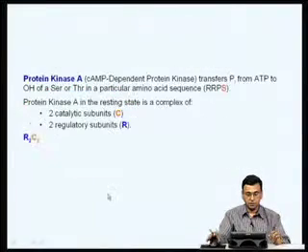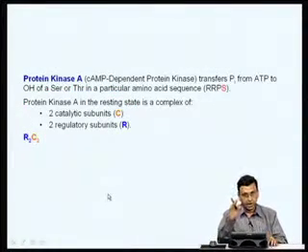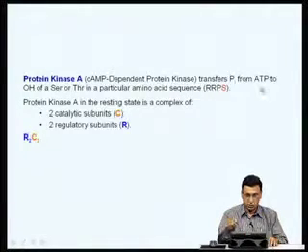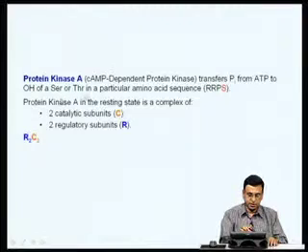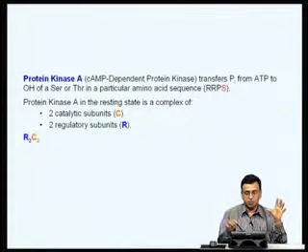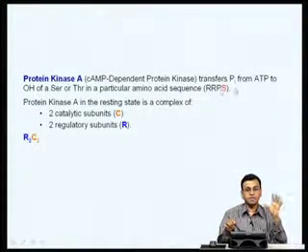Now, protein kinase A, which we discussed in the last class itself, also known as the cyclic AMP dependent protein kinase or the CAPK, transfers inorganic phosphate from adenosine triphosphate to the hydroxyl group of a serine or threonine in a particular amino acid sequence. Usually the sequence recognized by protein kinase A is a motif of arginine, proline, serine.